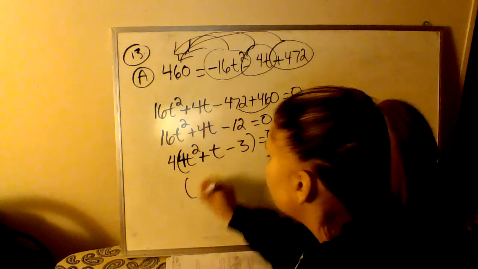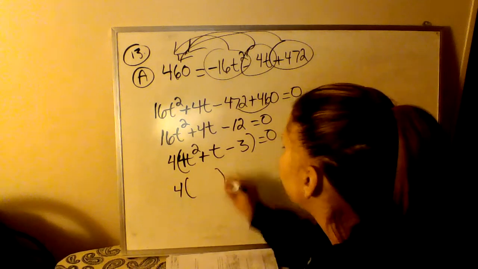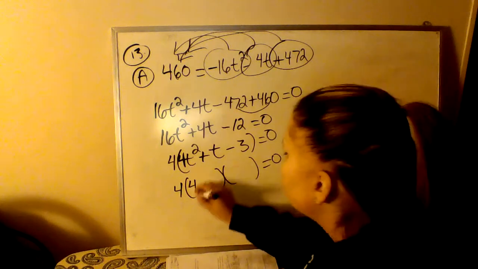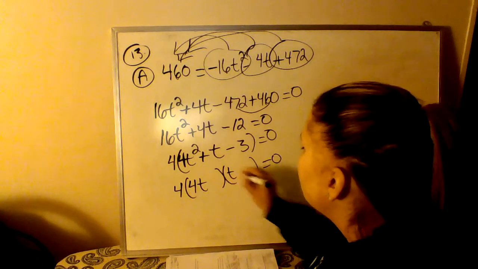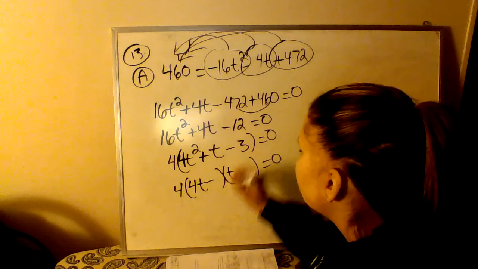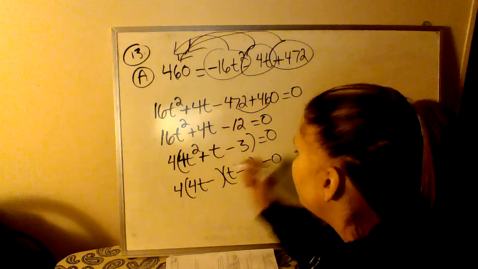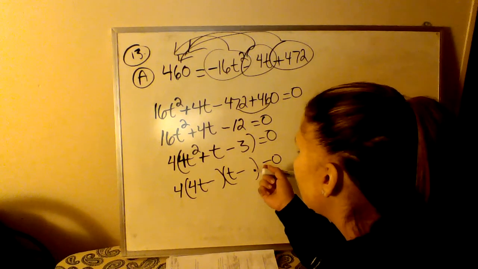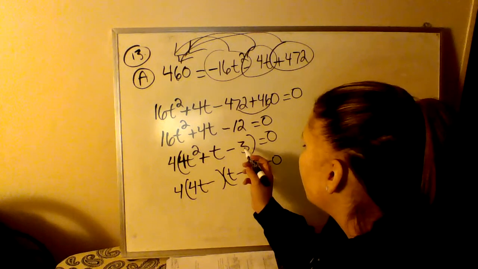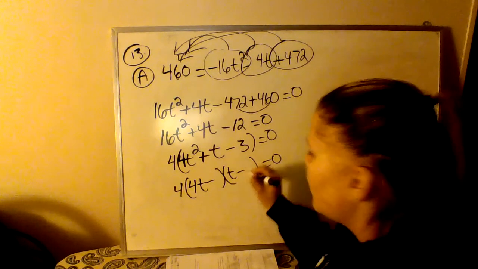So now I set up the double parenthesis thing. I put 4t and t. And because these are opposite signs, I can do plus minus or minus plus, either one. I can only get it by 3 and 1, but I don't want the 3 to combine with my 4.